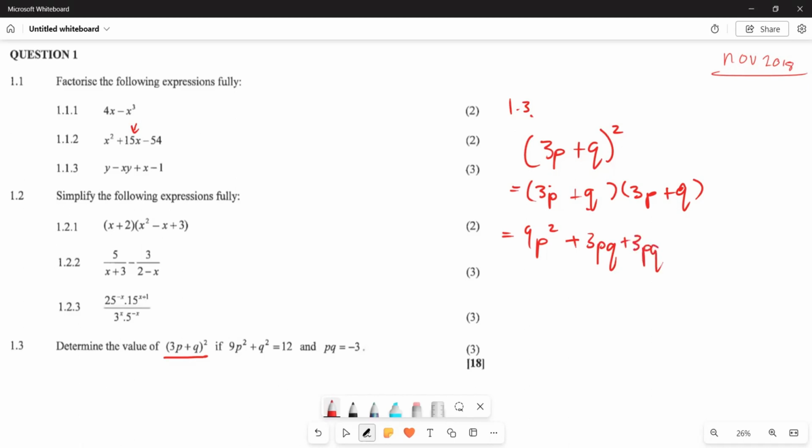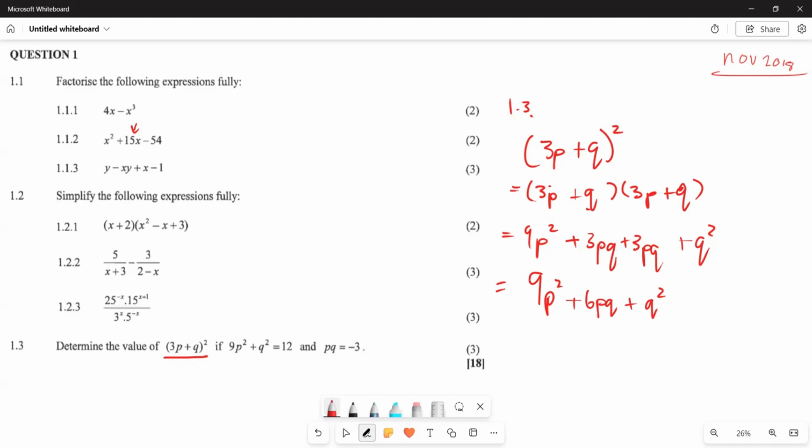And the last one, the q multiplied by q is going to give you plus q squared, right? And now when you're doing that, the answer is 9p squared plus 6pq, then plus q squared, right?